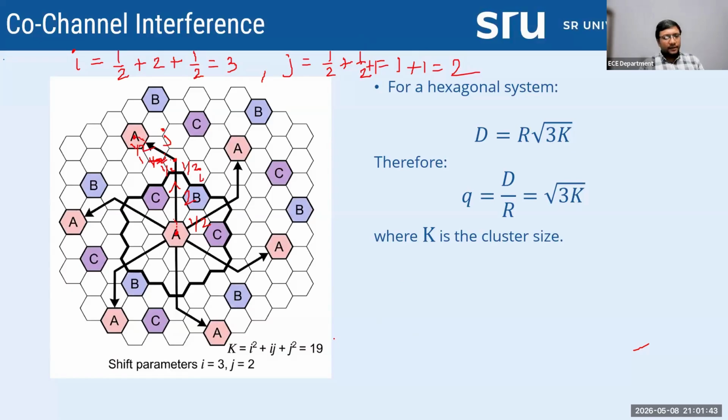So the value of K is equal to I square plus Ij plus J square is equal to 9 plus 9 into 2, 18 plus 4. Okay. Have I done this correct?